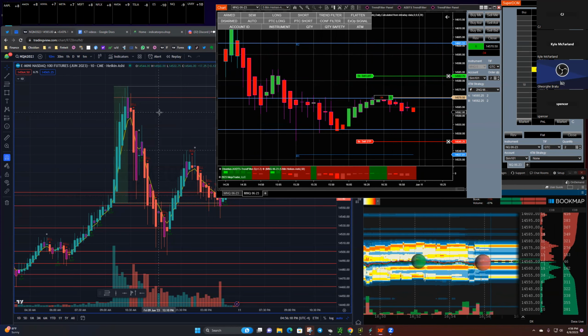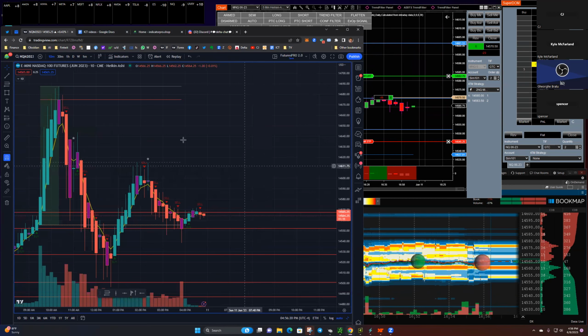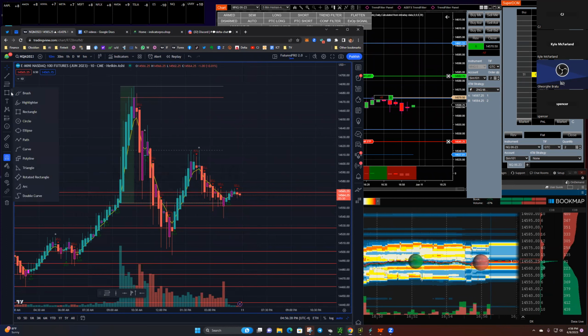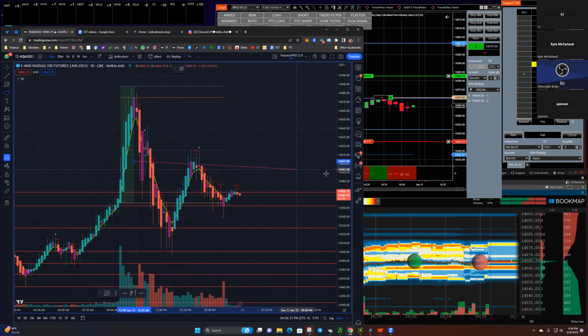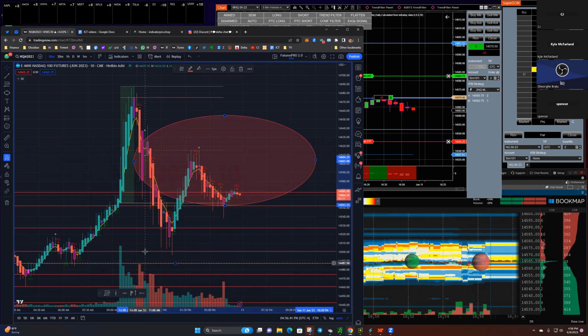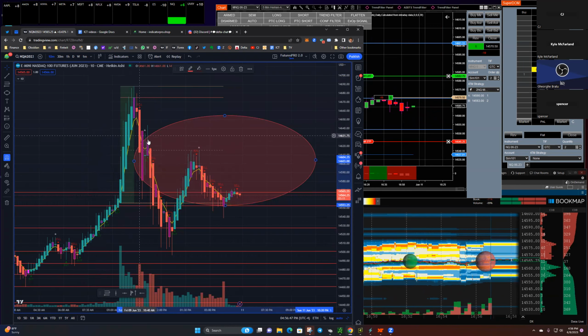Even today, for example, the moment 10:30 hit, I actually drew an ellipse, if you remember. I said that today it's looking like we're just going to be chopping all day, because we did that huge move and we were done.